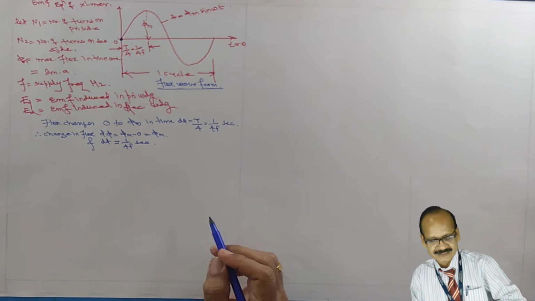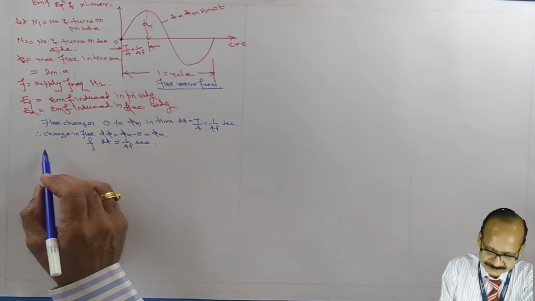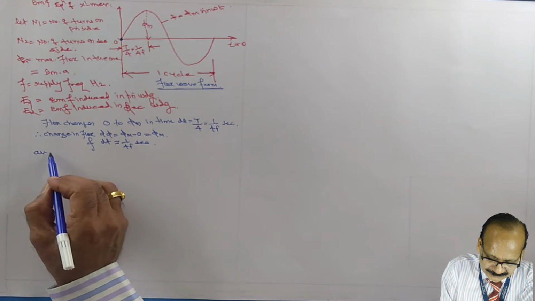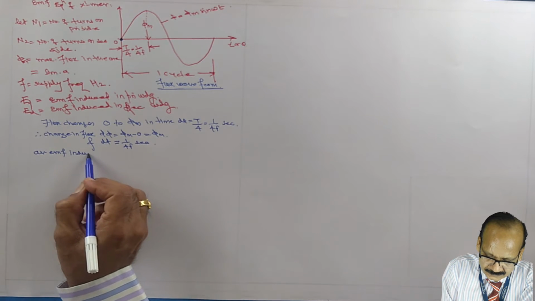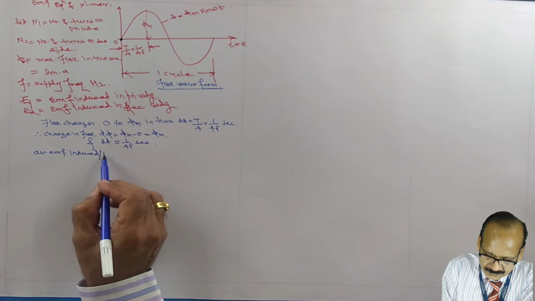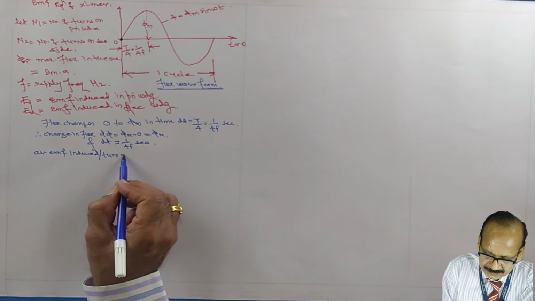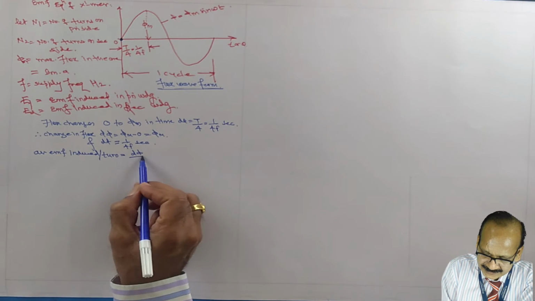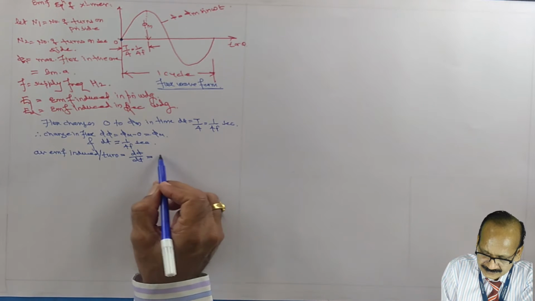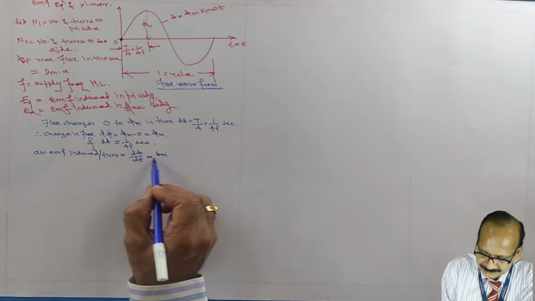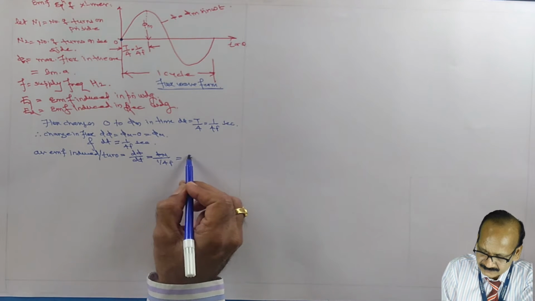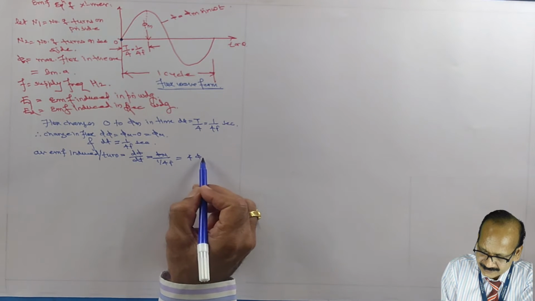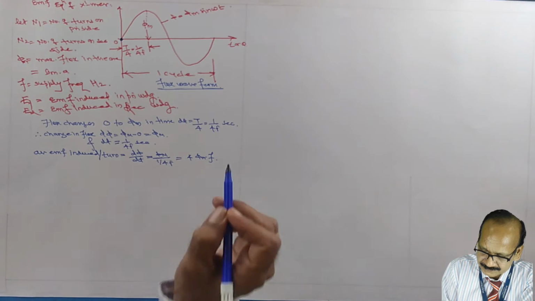Then according to Faraday's laws of electromagnetic induction, the average EMF induced per turn equal to d phi by dt equal to phi m upon 1 upon 4f equal to 4 phi m into f.